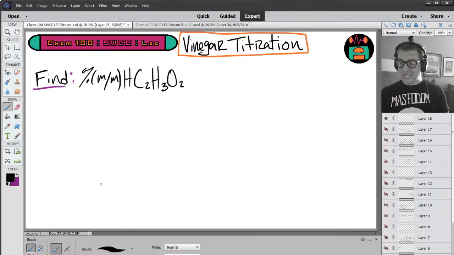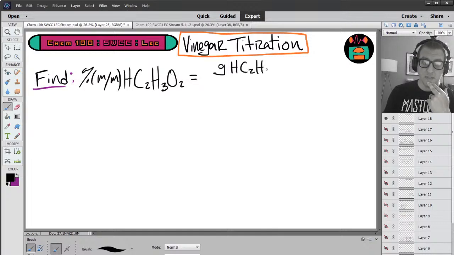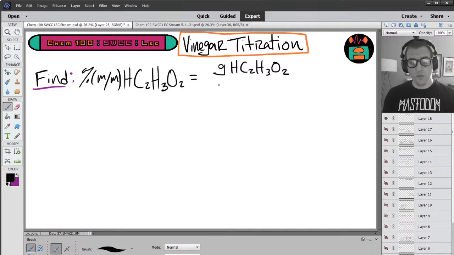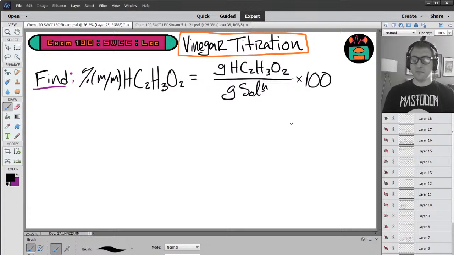Now, anytime you're asked to find a quantity that has an equation associated with it, it's worth your time to write out what that equation is. And the equation for percent mass is grams of solute, so that's grams of acetic acid, over grams of solution times 100.